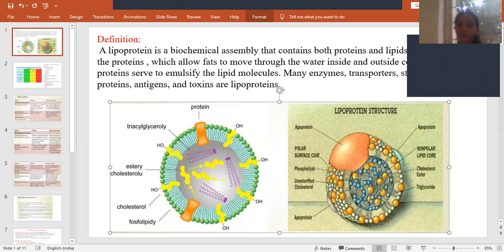Inside it has phospholipids, cholesterol and triglycerides. It forms a complex with these lipids, helps to emulsify them, and helps to transport the lipid from inside to outside of the cells. So this is a non-polar lipid core and this is a polar surface coat. In this picture you can see the structure of a lipoprotein.